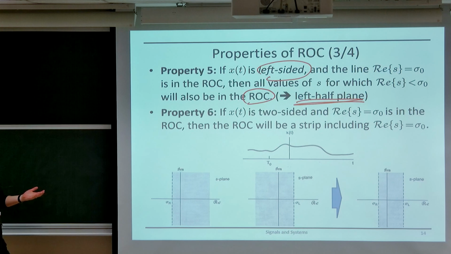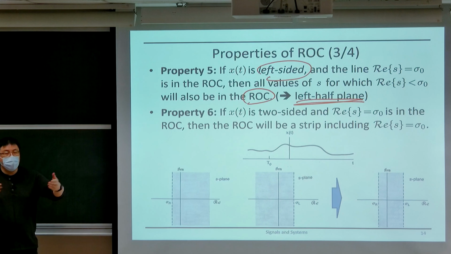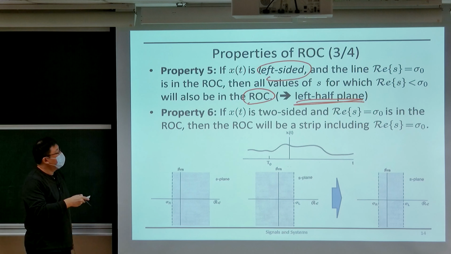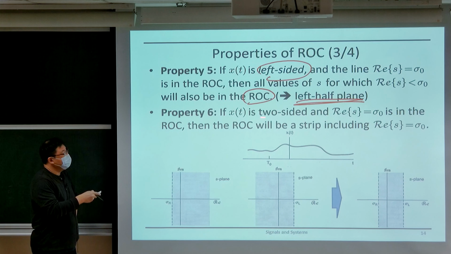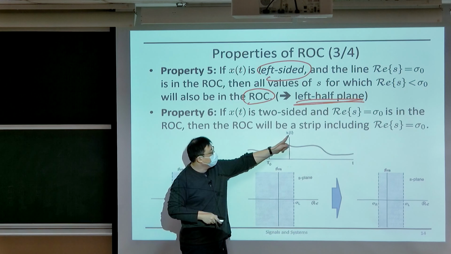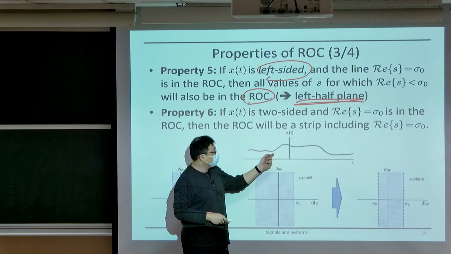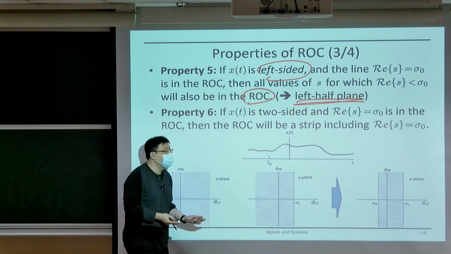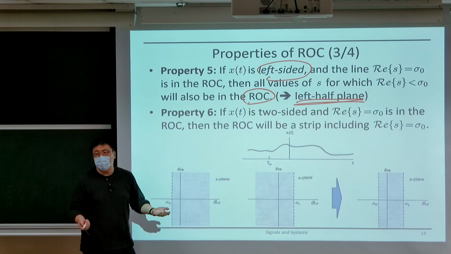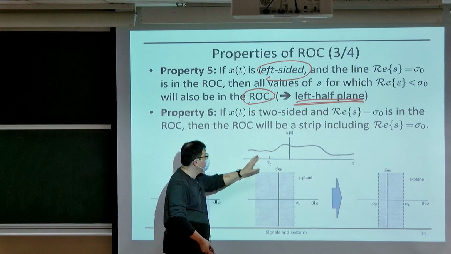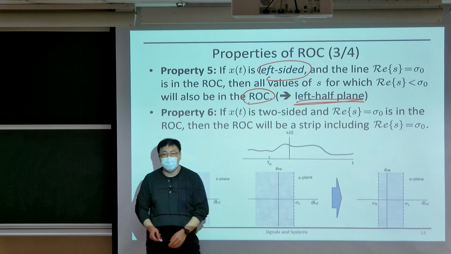Now, what if your signal extends both to minus infinity and infinity? So what if your signal x of t is two-sided? A two-sided signal is something like this, x of t looking like this, that extends both to minus infinity and infinity. But a two-sided signal is nothing more than just a left-sided signal plus a right-sided signal, right?